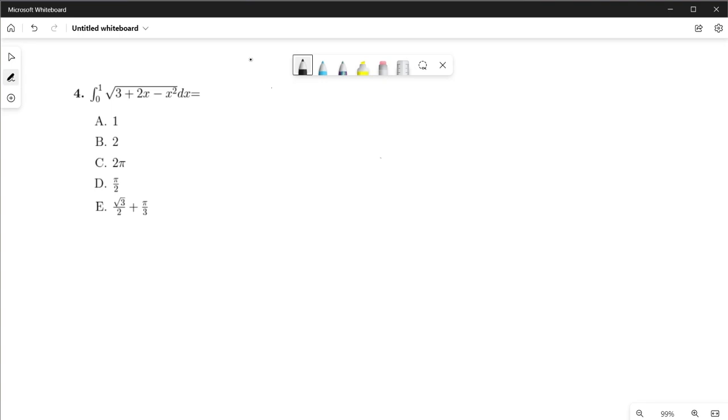For number 4, we just have a definite integral with a square root and something under it. And in this case, generally, since we can't use u-sub, and there's no simple power rule, since there's something in the square root that's complicated.